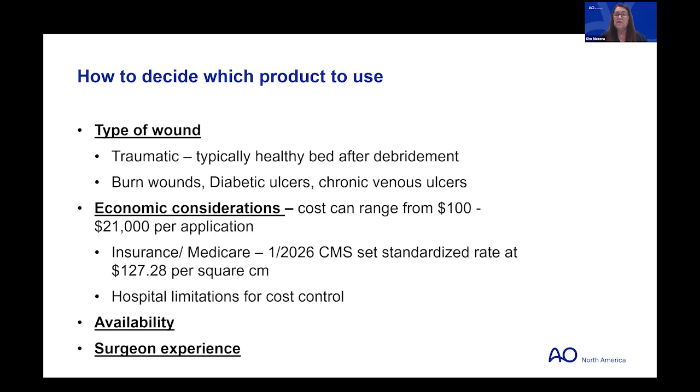The economic considerations, again, not to dwell too much, but it does play an important role. Through the whole spectrum of these products, they can range anywhere from $100 to $21,000 per application. And that's 2025 data, so it's probably even more expensive in 2026. One thing that is important to us here in the US is that CMS, our Medicare oversight, in January of this year set a standardized rate of reimbursement at $127.28 per square centimeter. I don't know how they actually got that, but that's what it says.